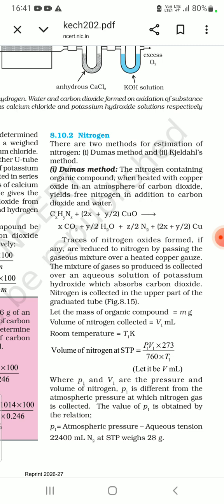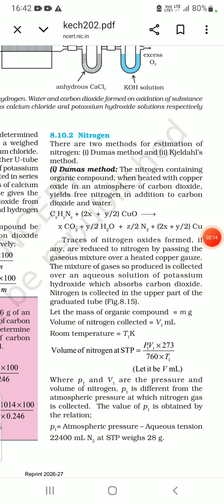Nitrogen can be detected using the Dumas and Kjeldahl methods. In the Dumas method, nitrogen containing compounds when heated with copper oxide in an atmosphere of carbon dioxide yield free nitrogen in addition to carbon dioxide and water.